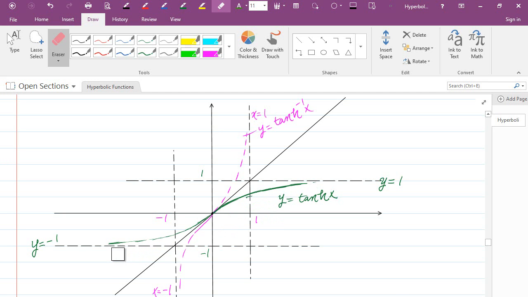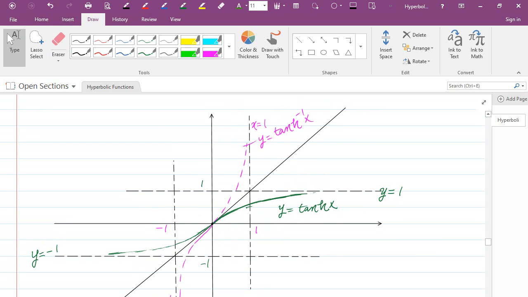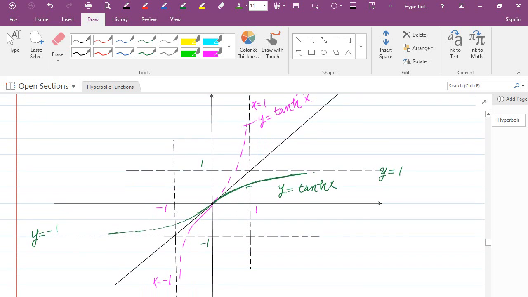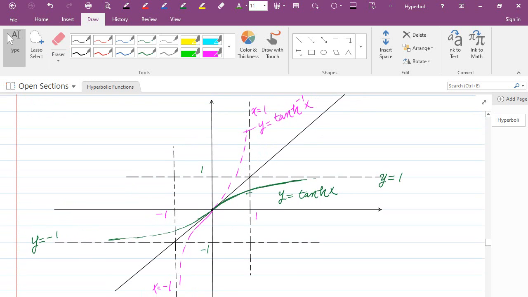Now it is an increasing function, so it is 1-to-1, so it has an inverse, and the graph of its inverse will be the reflection of it across the line y equals x right here. So the pink one is the graph of the hyperbolic tangent inverse of x.